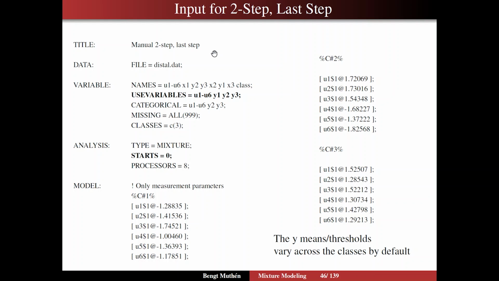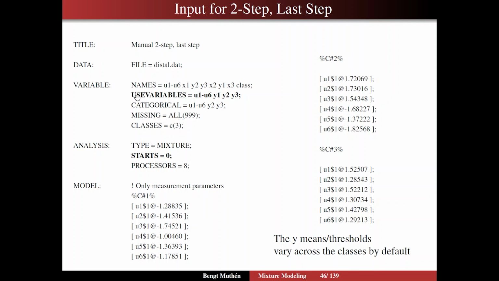And note then that for 2-step, the data set is now the original data set. There's no special data set saved for 2-step. All we saved is the measurement parameters that we just looked at on the previous page, but now with at instead of asterisk.